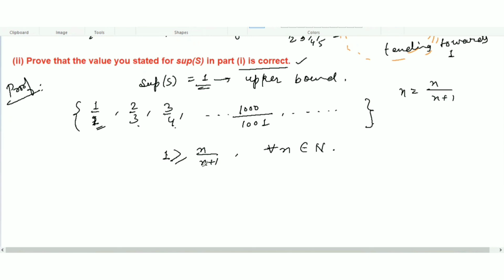It is clear that if you divide a natural number by a bigger number, you will get a number less than 1 every time. You can't divide one number by a bigger number and get something bigger than 1.